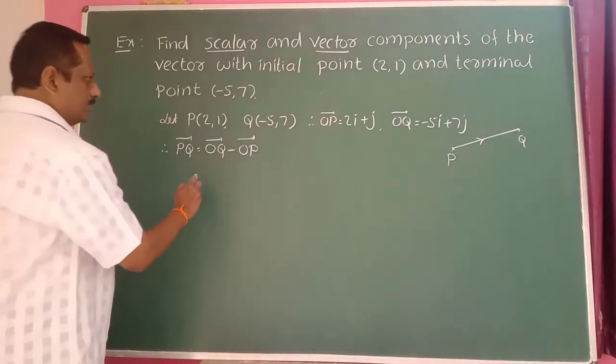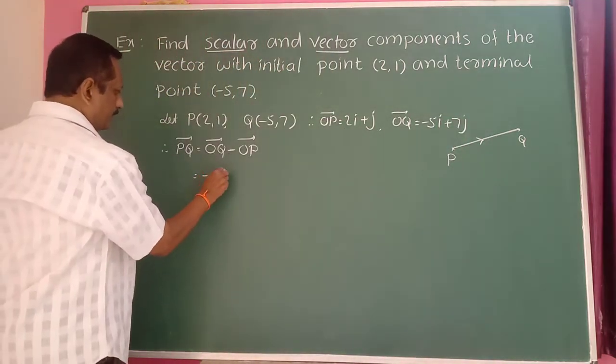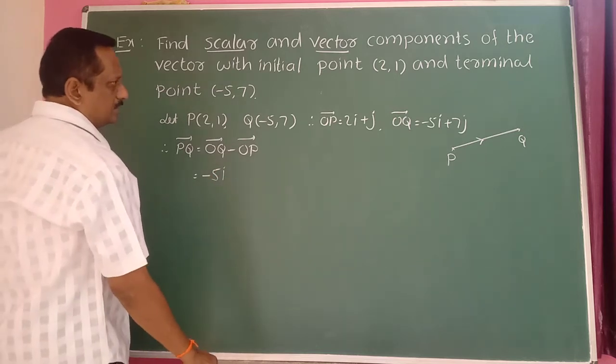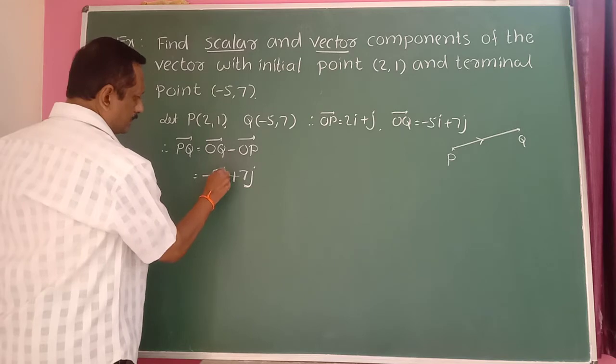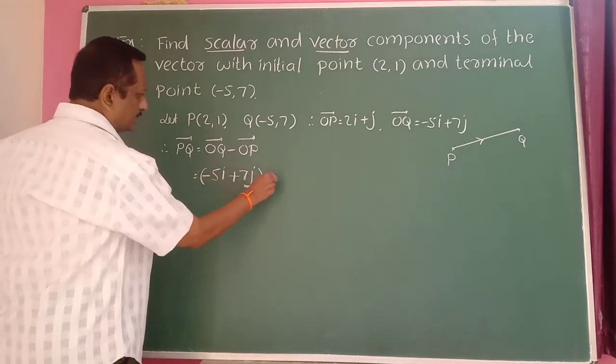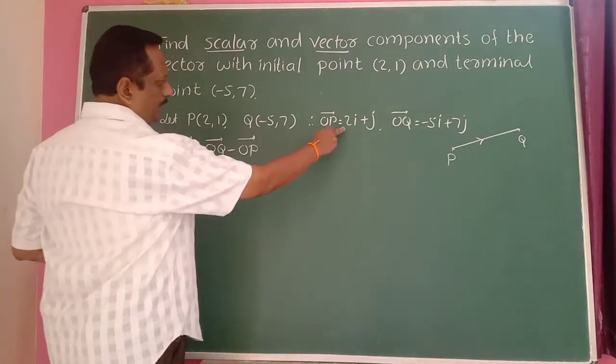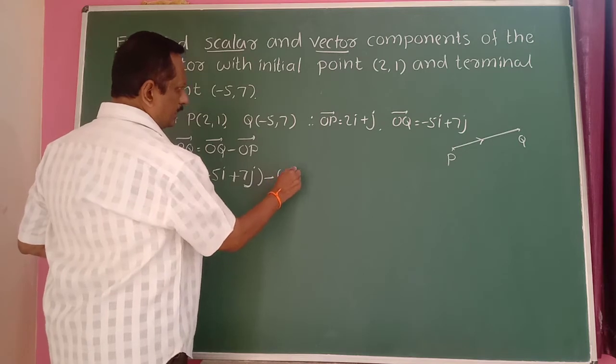Therefore, PQ equals (-5i plus 7j) minus (2i plus j).